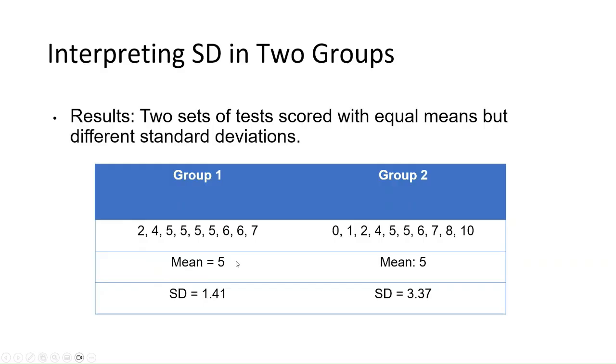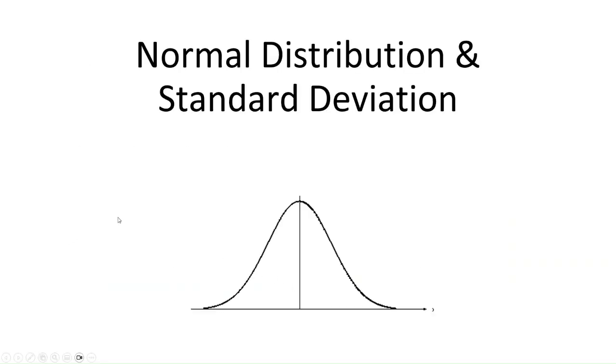So this shows the difference in data distribution despite the shared mean between the groups. It's common to observe mean and standard deviation reported together for continuous variables like age or scores in research papers.